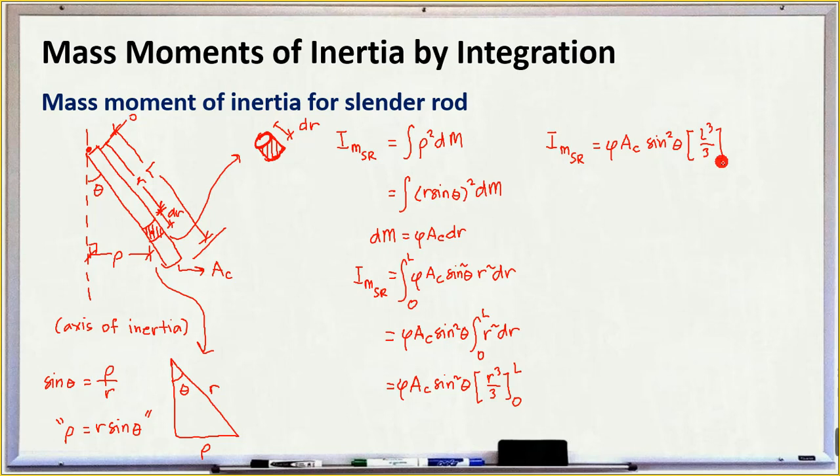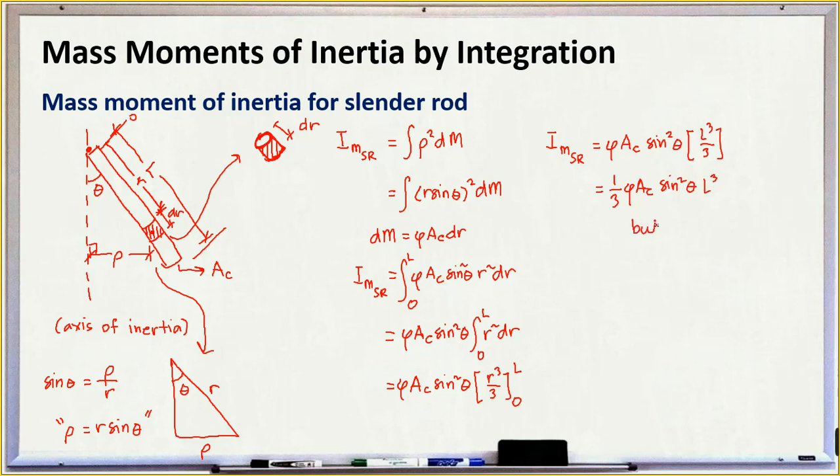We no longer evaluate it at 0 because it becomes 0. So here, we have 1/3 density, the cross-sectional area, sine squared theta times L cubed.